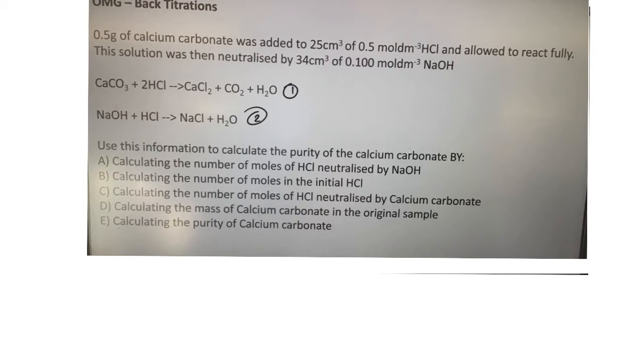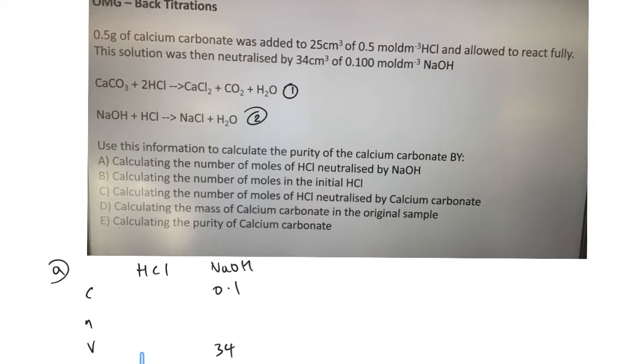So I'm just going to analyze this titration. Let's build our titration table. This is for question A. They've told me that I had 34 cm³ of NaOH, and that was of concentration 0.1. They've told me the concentration of hydrochloric acid.